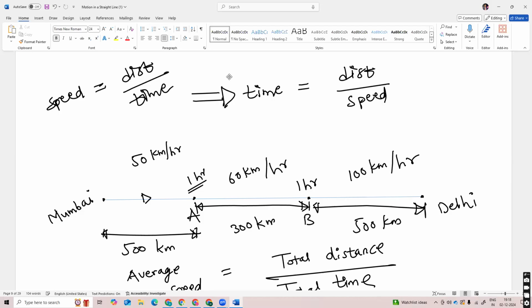For reaching from Mumbai to station A, the distance covered was 500 kilometers and the speed of the train was 50 kilometers per hour. So the time taken by the train is basically 10 hours.